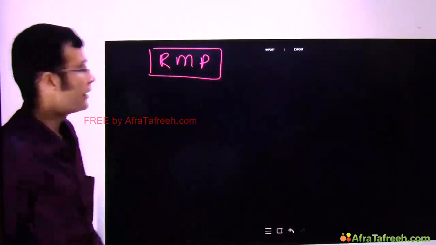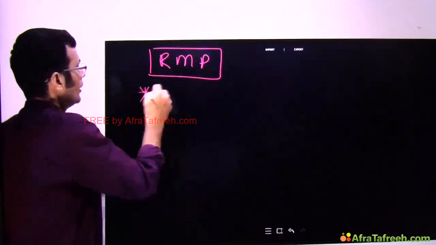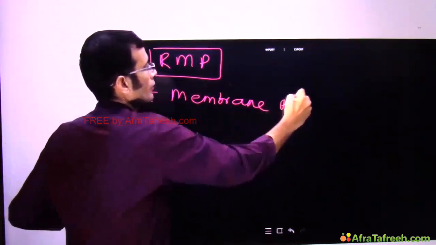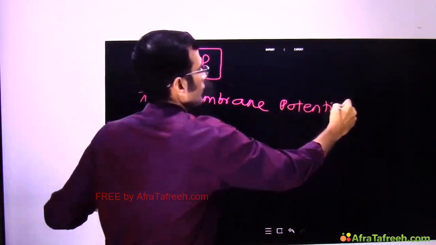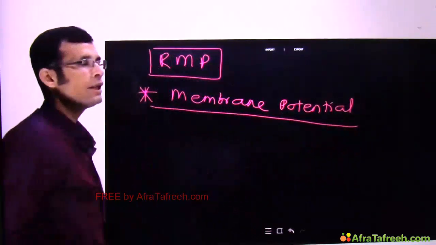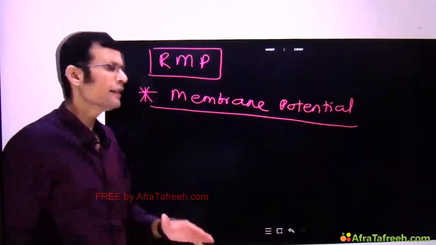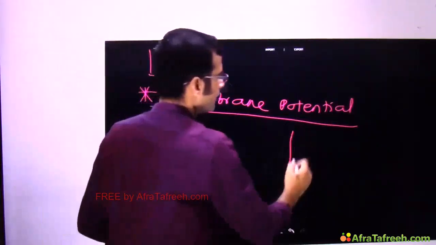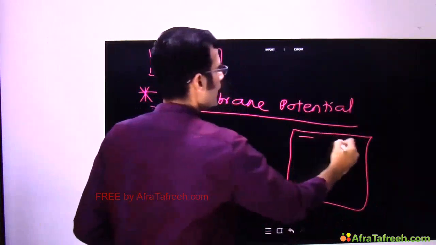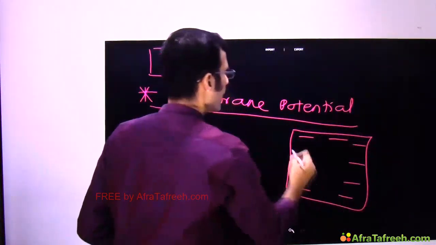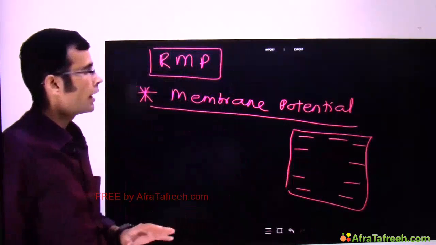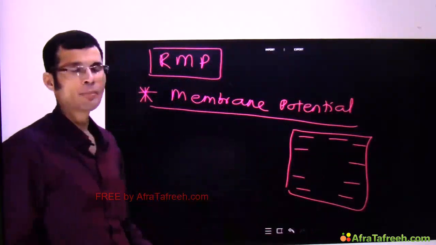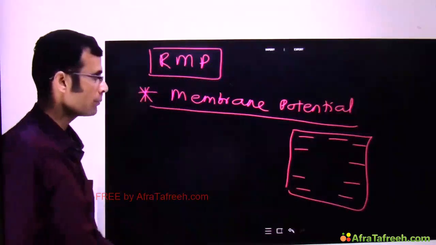Well, the first point is the concept of membrane potential. Every cell, any cell in the body, has excess negative charges lined up on the inside of the membrane, and this creates the negative potential on the membrane, called the membrane potential.